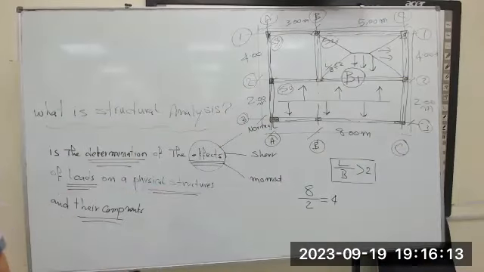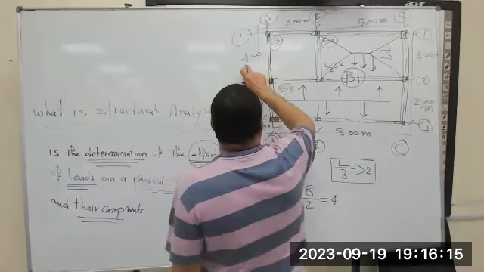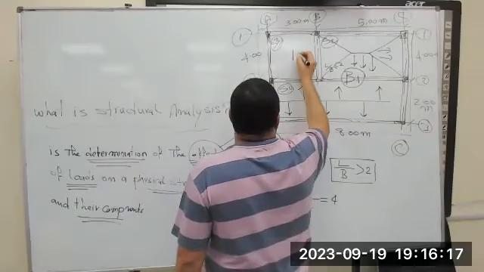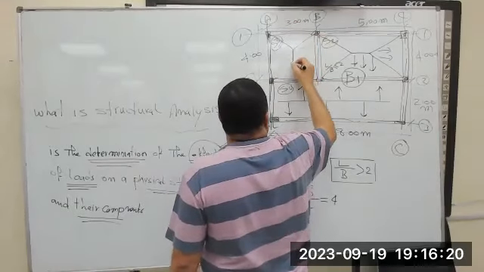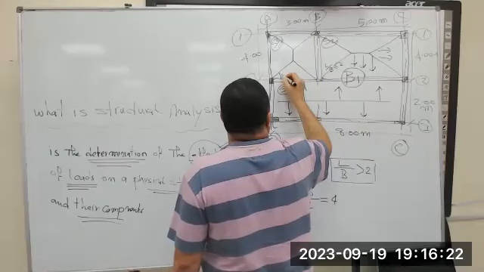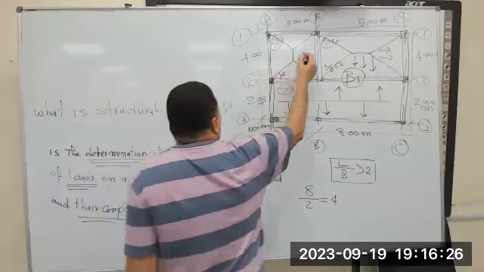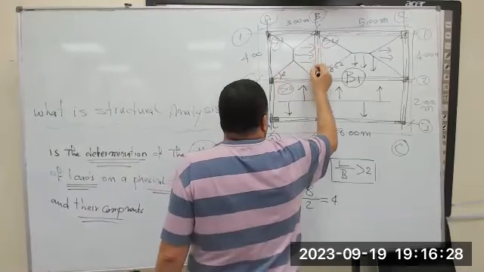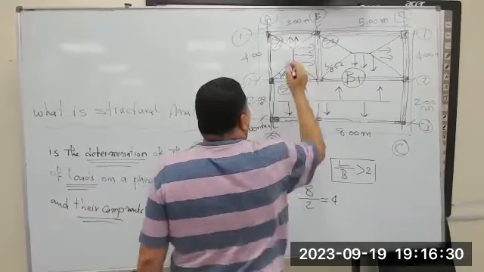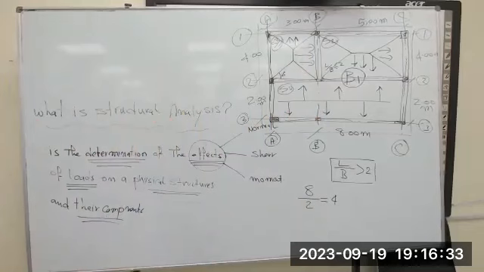Correct? So what about this one? 4 divided by 2, 2 way. Correct? This is 45 degrees. Correct? Now we have what? We have two-way. And our exam is coming simple like that.